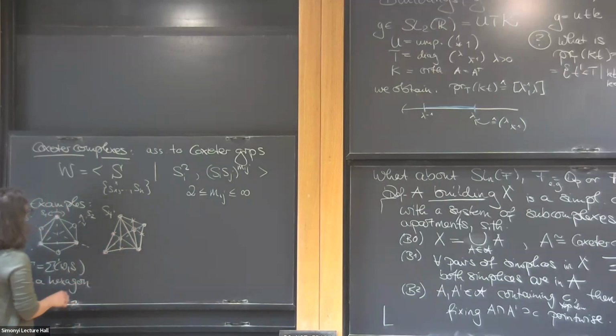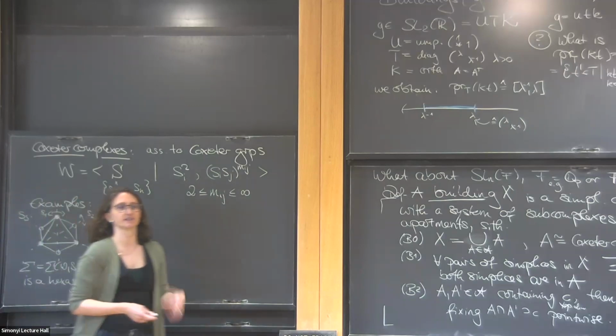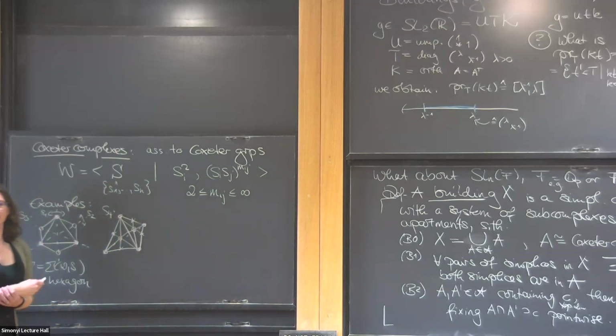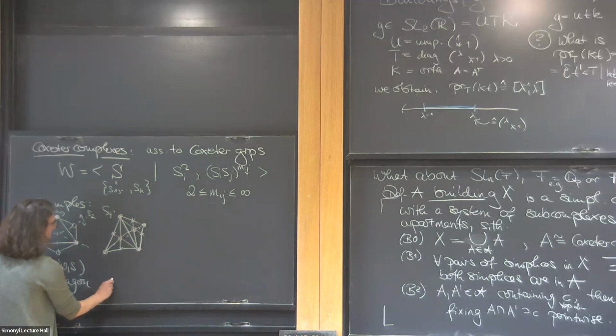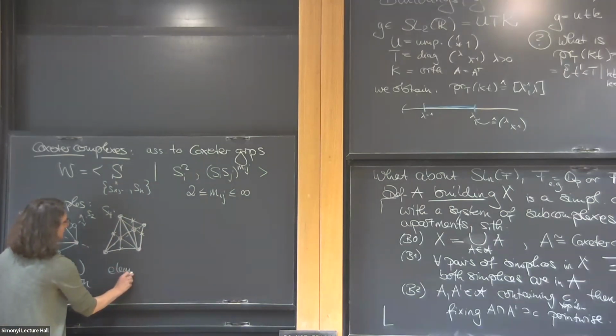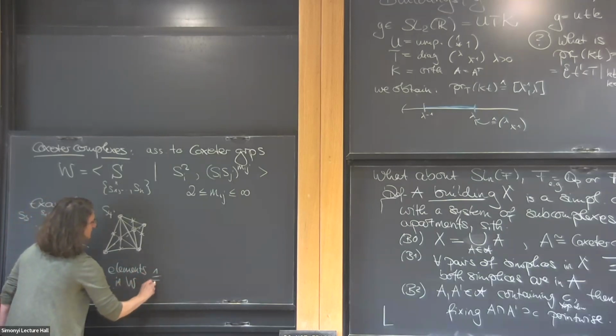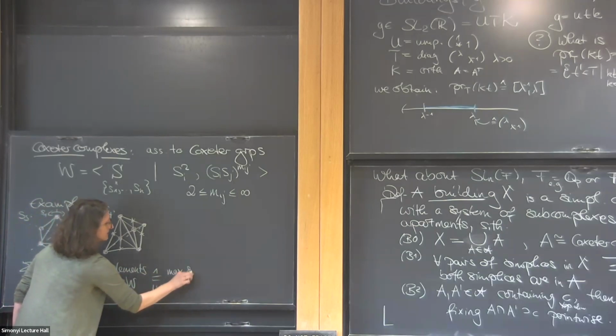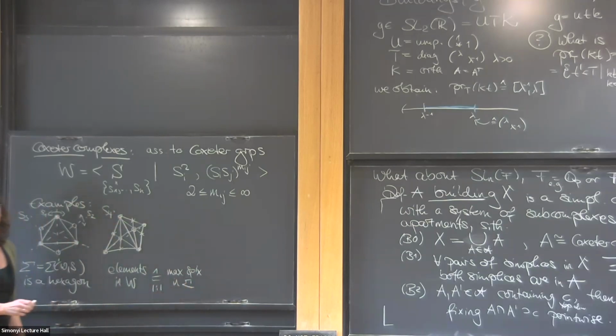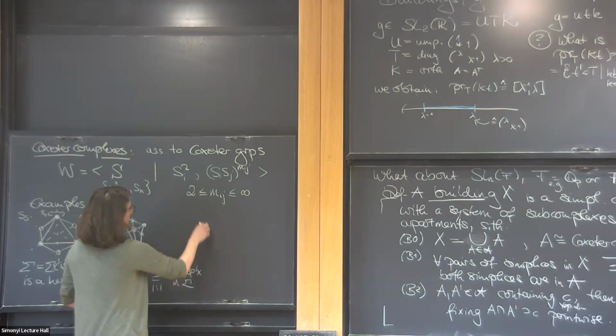And these 3 colors correspond to the 3 generators you now need to produce this group as a reflection group. What we have is a 1-1 correspondence between elements in W and the maximal simplices in this complex sigma. And let me show you one more example.